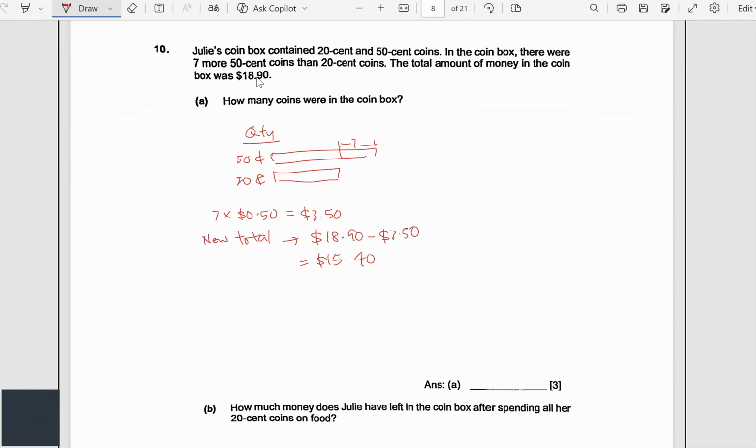I've already taken away the 7 extra 50-cent coins. So we can say that the quantity between the two coins will be the same. And if you have equal number, you can do grouping where you have one of each in a group. Okay, one 50-cent coin and one 20-cent coin. This is one group. There are many, many groups, but the new total is 1540.